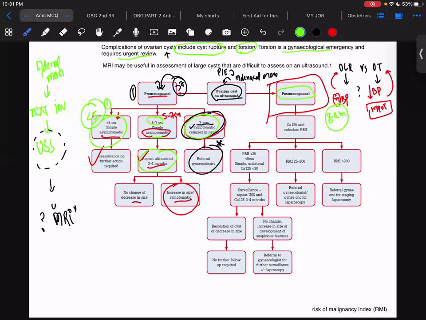If you go in a rush and answer that question in a rush, you may think that we can go for follow-up, a repetition of ultrasonography, or just reassure the patient, because at the time you may not be able to recall this table in a good way.